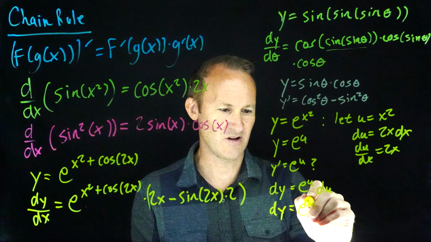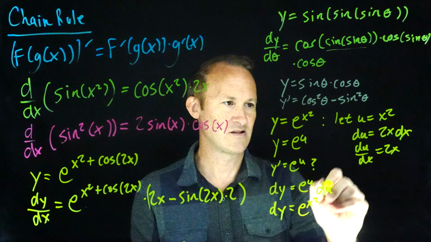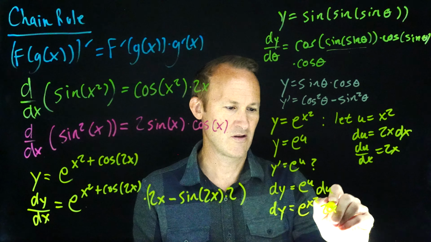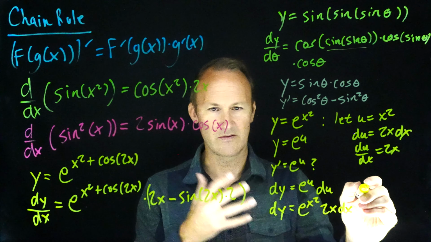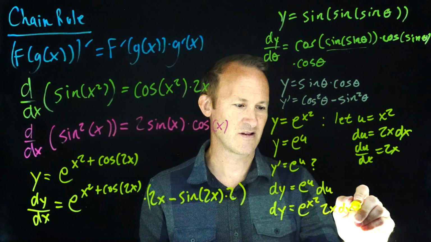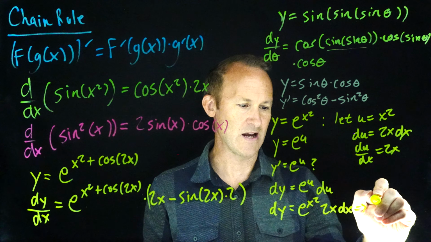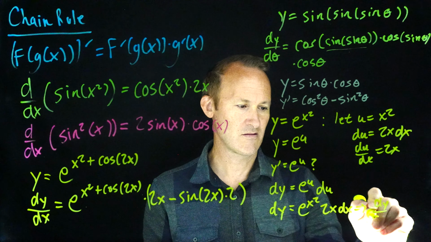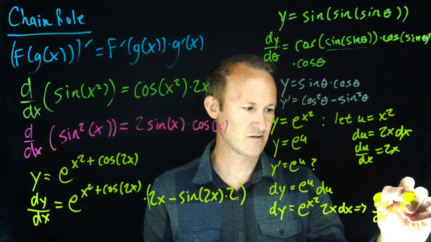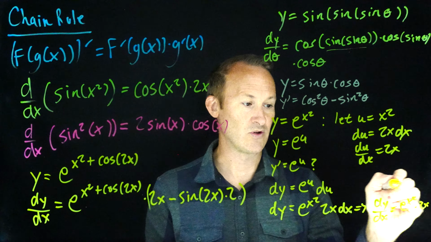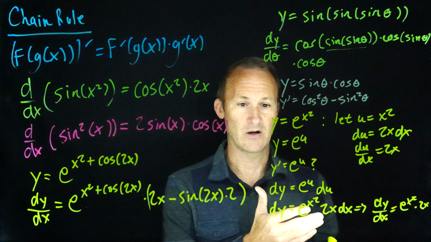So if you substitute in x squared, and what's du? It's 2x dx. And certainly this implies dy dx equals e to the x squared times 2x, which is the chain rule in action.